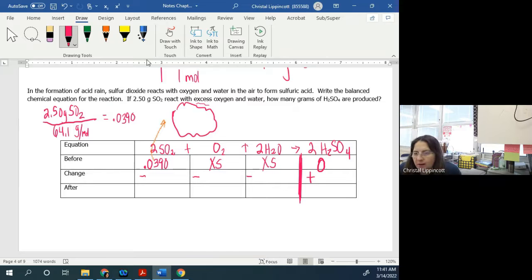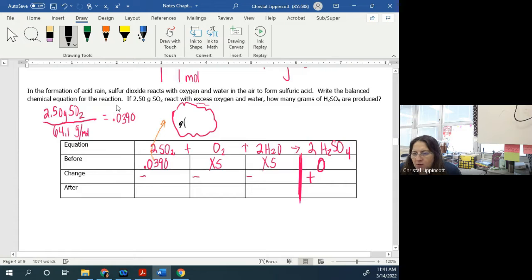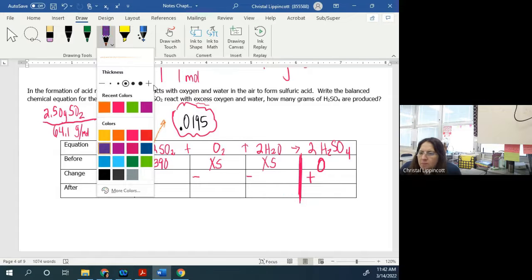So when I do that, this ends up being 0.0195. Okay. That makes sense? What I just did there?